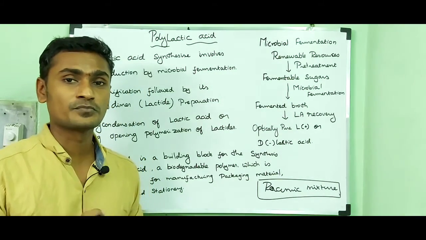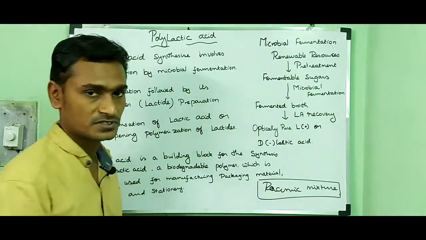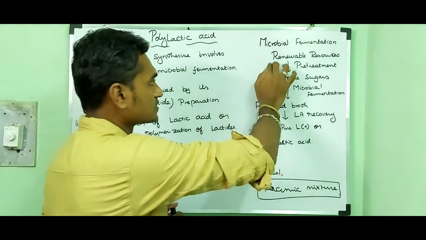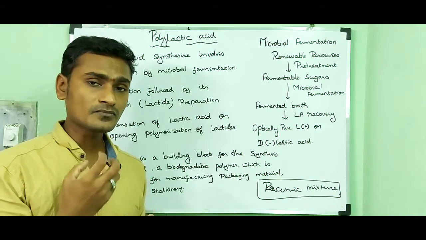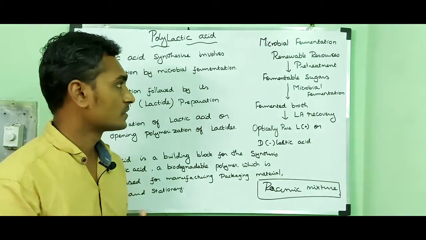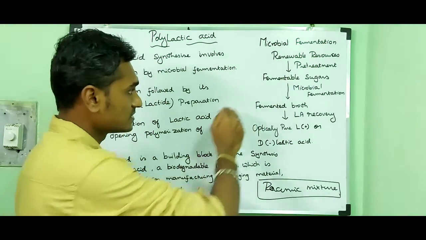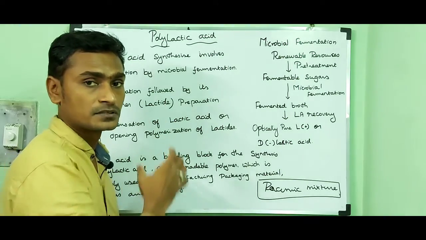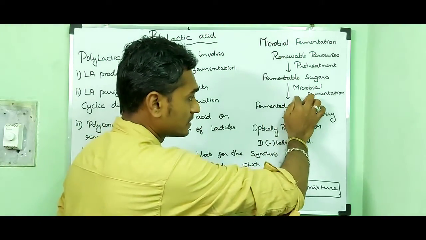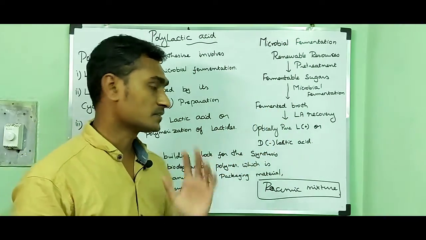While in the case of microbial fermentation, this is the flowchart. Renewable resources, that may be corn or sugar cane or cassava root, and pre-treatment results in fermentable sugar. Then microbes act upon that fermentable sugar. That condition is called microbial fermentation, resulting in fermented broth.